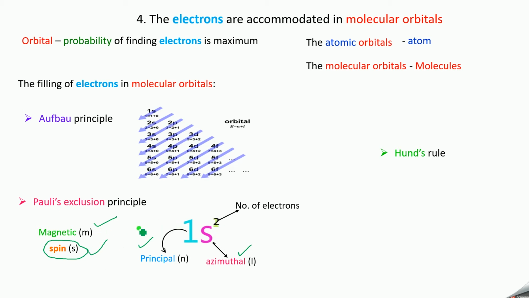The same thing you have to follow in molecular orbitals also. Here also we will have these four quantum numbers, but for two electrons they cannot be the same. Any one quantum number should be different. So this rule also you are going to follow while filling up the electrons in molecular orbitals.